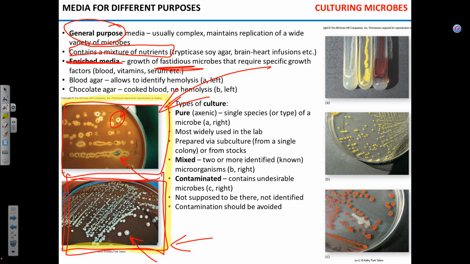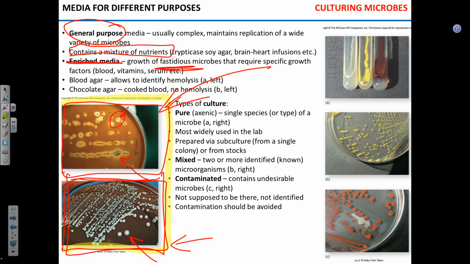Yes, the ones that are hemolytic, the microbes that can destroy red blood cells, are usually more pathogenic. Does that make sense? So we can differentiate different types of microbes, and we'll chat about it.